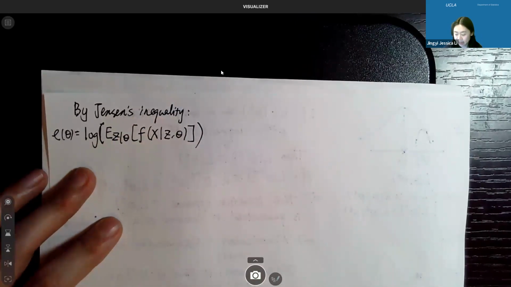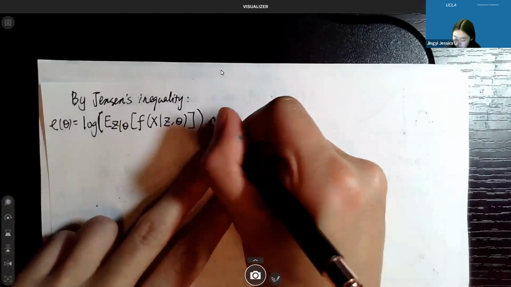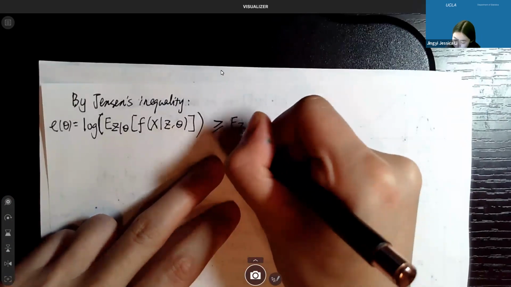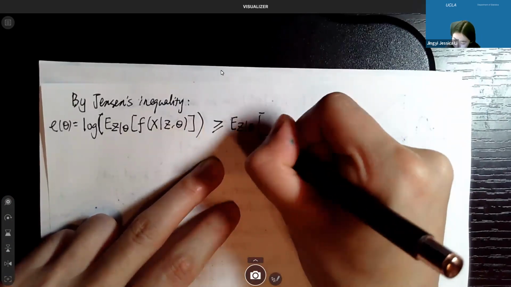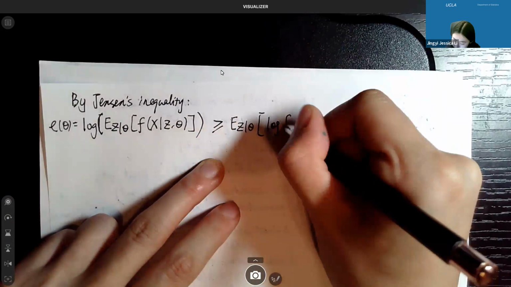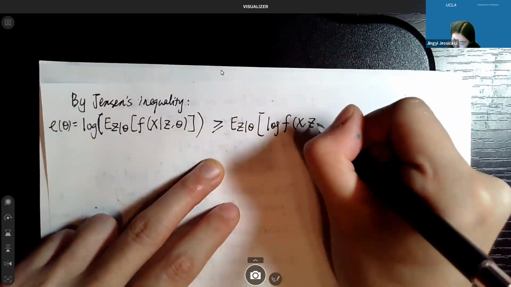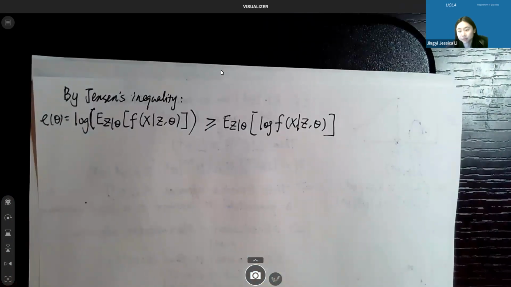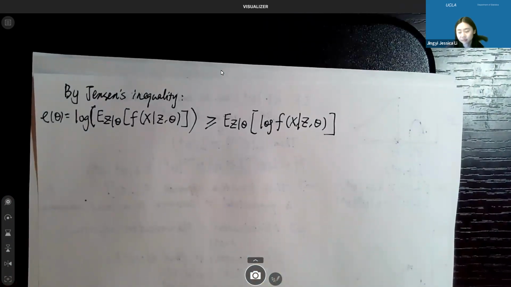Okay, and this is larger or equal than if I get the expectation out, the expectation over z given theta of the log. Right? This is what we have. Okay, and then what's next?